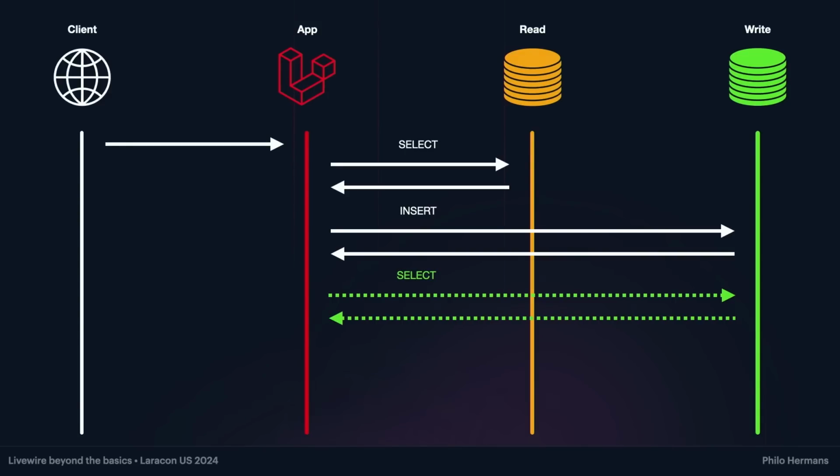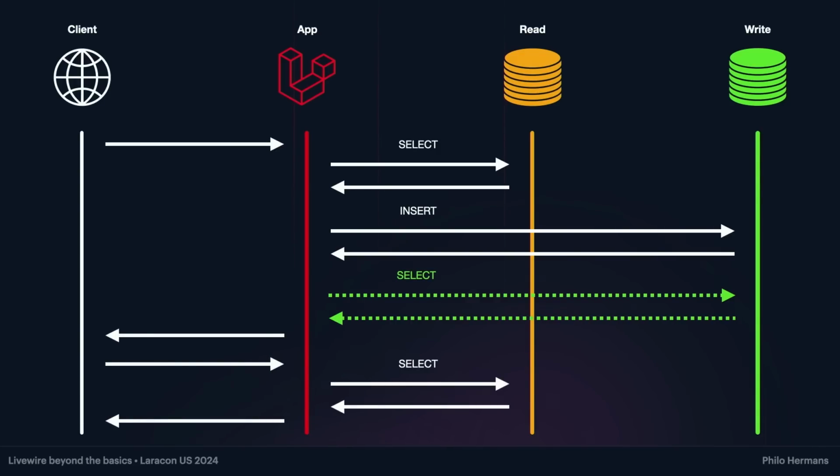Because if you start using a write server and a read replica, you can have something that is called replication lag. So the read server is trying to keep in sync with our primary write server, but it could take a few milliseconds to up to a few seconds for the server to be fully in sync. And this poses an issue, which I'll get into next, because if you can see this, on the next request, it falls back again to the read server.